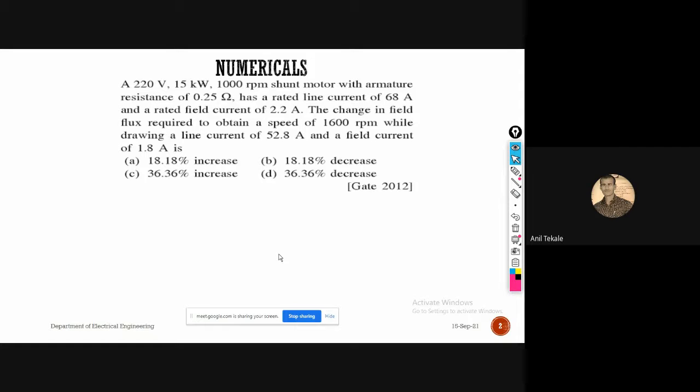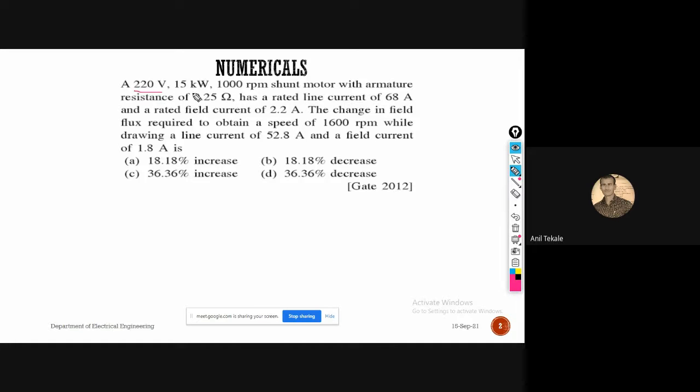How many of you solved? I'll read once. Just understand what is given.